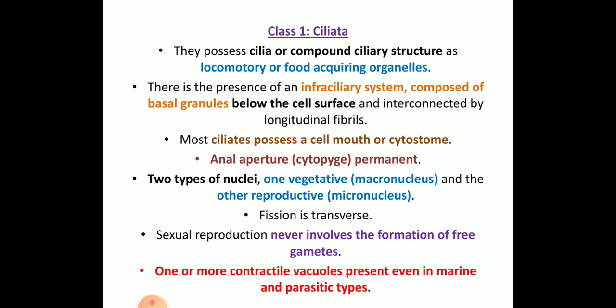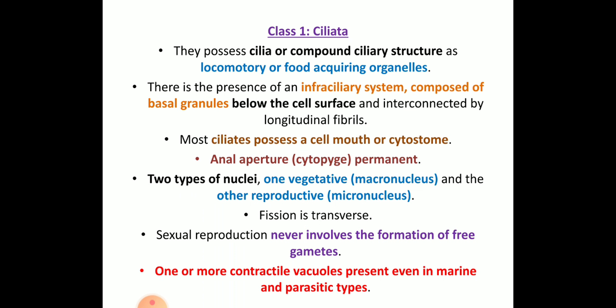These are the main structures which also help in movement, and there is a type of system near the basal granules of the cell surface. That system is called the infraciliary system. And most ciliates possess a cell mouth, that is the cytostome, which helps in taking the food.